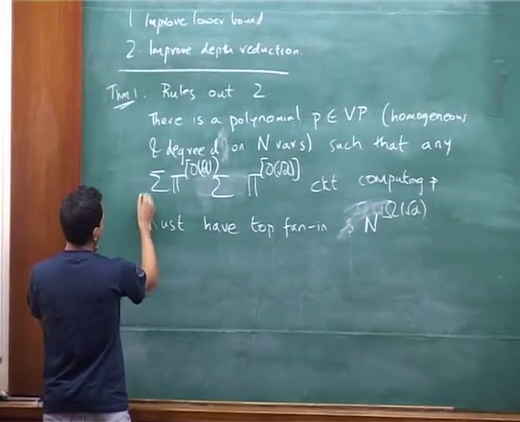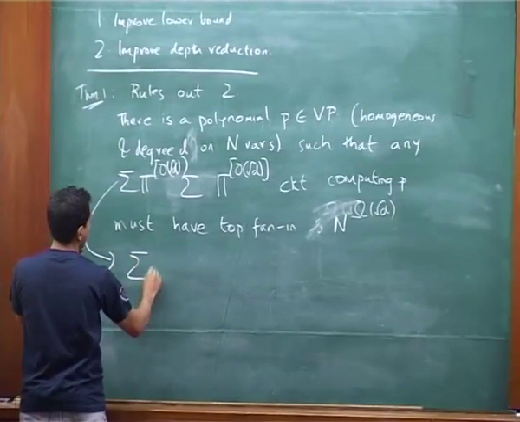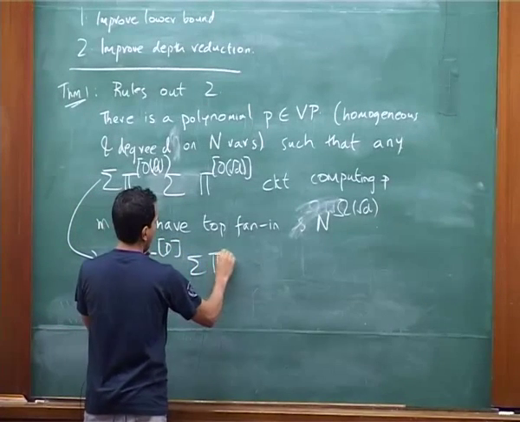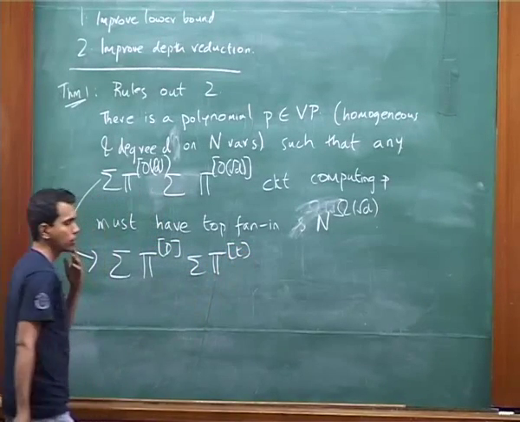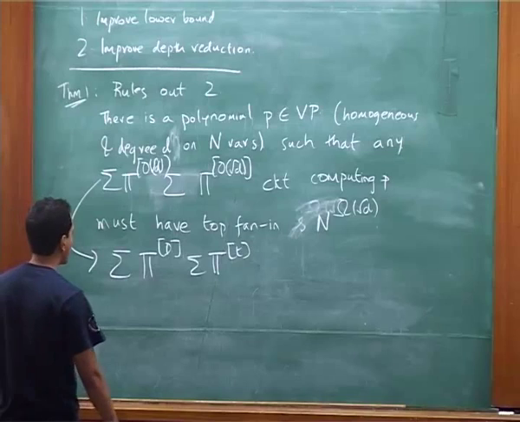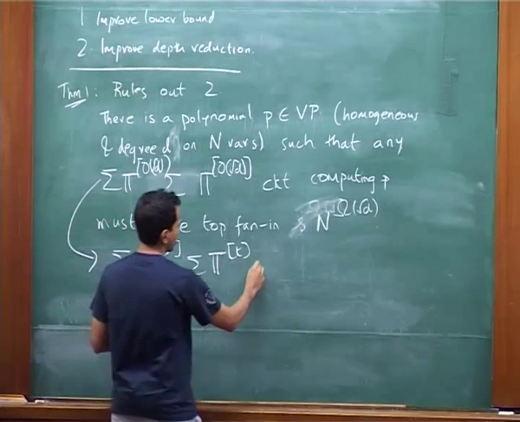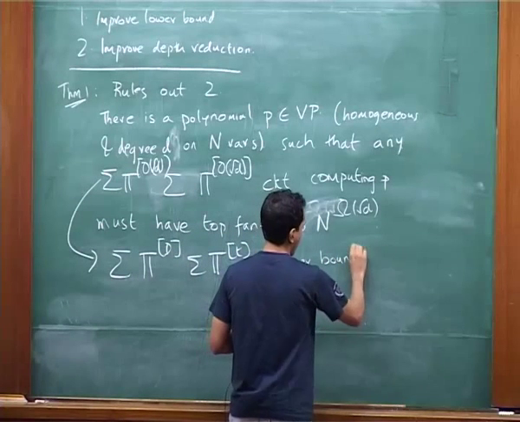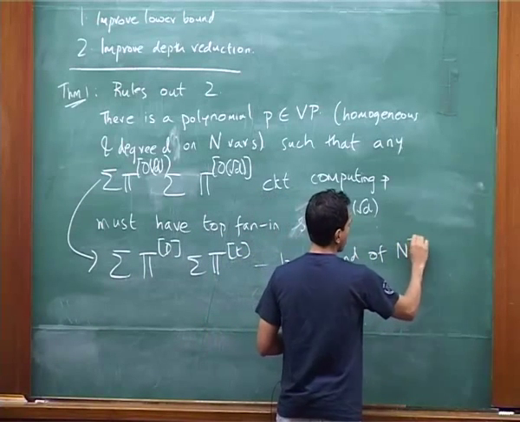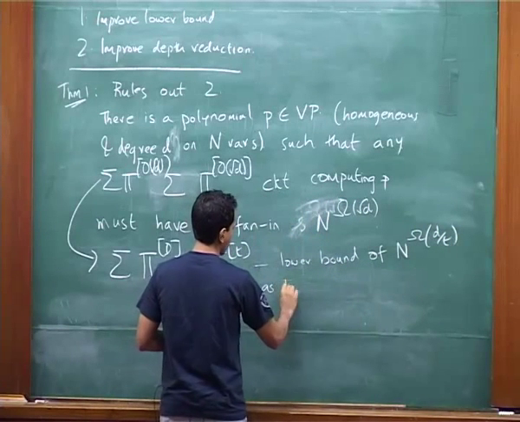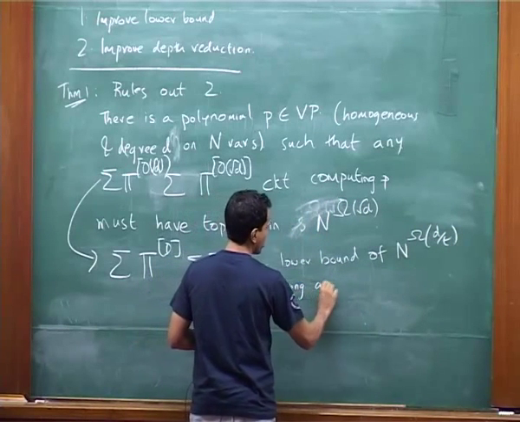If we change the fan-in bounds here a little bit, if we make this sigma pi d, sigma pi t, so it's a sum of products of degree t polynomials, with fan-ins of d many degree t polynomials, then you get a lower bound of n to the omega d by t, as long as this capital D is not too large.